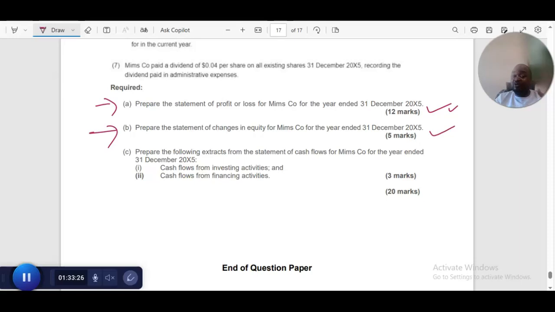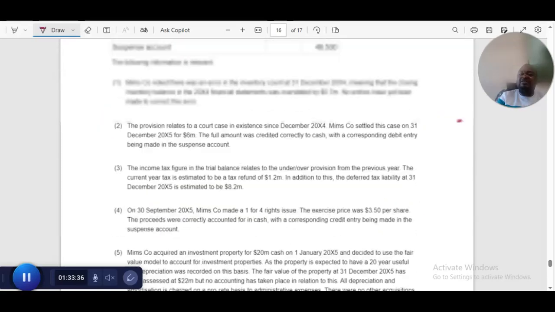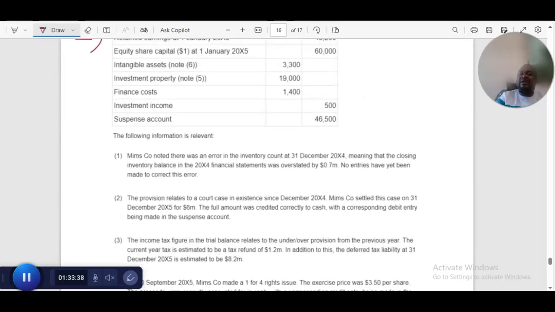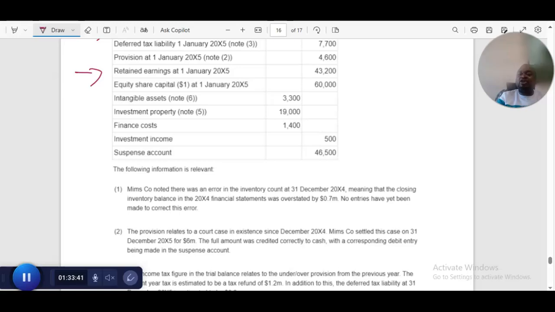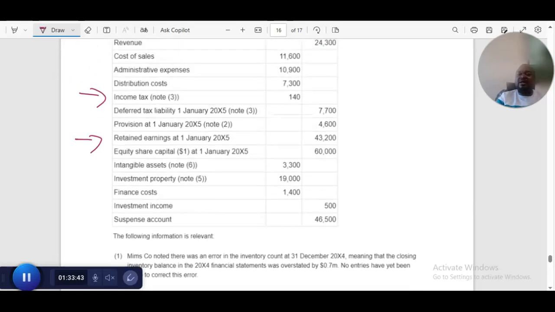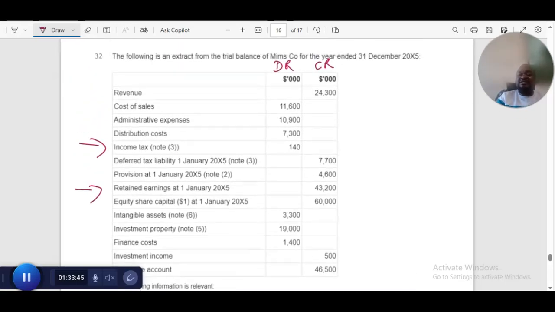You're not going to be penalized twice for a wrong figure. They're going to give you the marks. So this is the thing, ladies and gentlemen, this paper can be passed by anybody. So without much ado, we've got our trial balance, ladies and gentlemen.